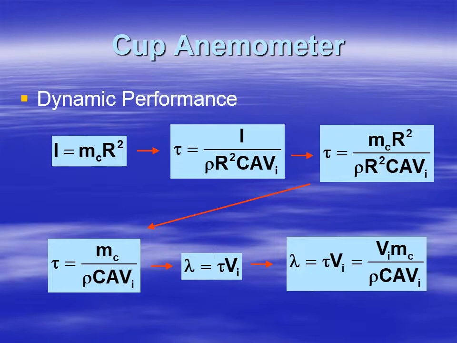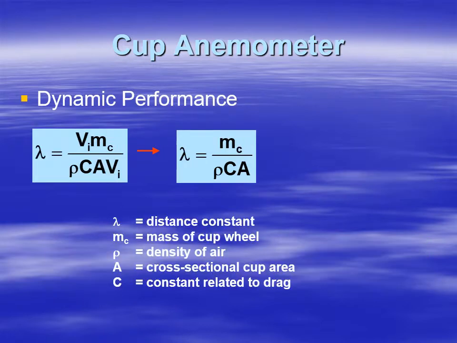So we'll multiply tau by v_i, and that gives us v_i m_c on top and rho C_d A v_i in the bottom. As you can see, the v_i's cancel, and you're left with the distance constant, lambda, equal to mass on top, air density, coefficient of drag, and the area of the cup in the bottom.